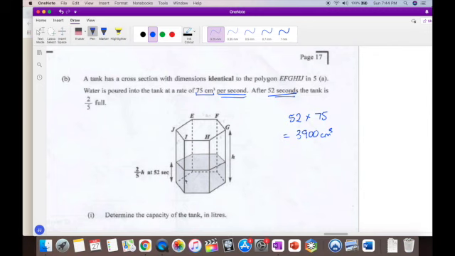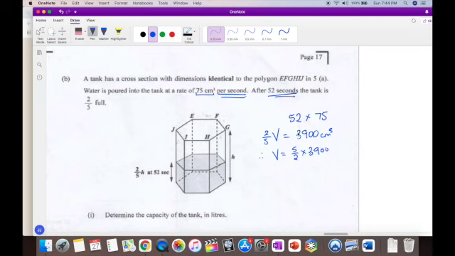Now we could see here that 3,900 is 2/5 of the height. So if it's 2/5 of the height, it's also 2/5 of the volume. So 2/5 of the volume of the tank is 3,900. So therefore, the full volume of the tank will be 5 on 2 multiplied by 3,900.